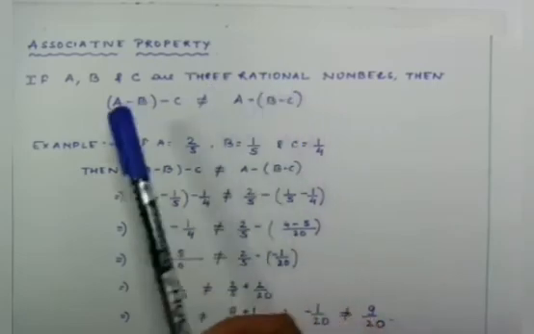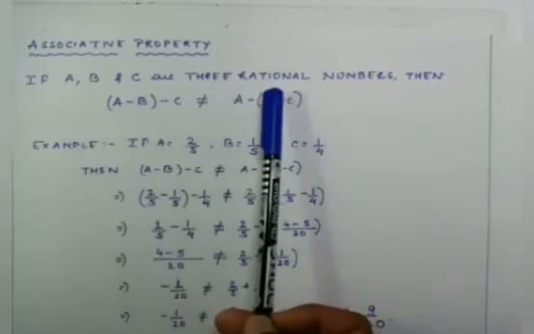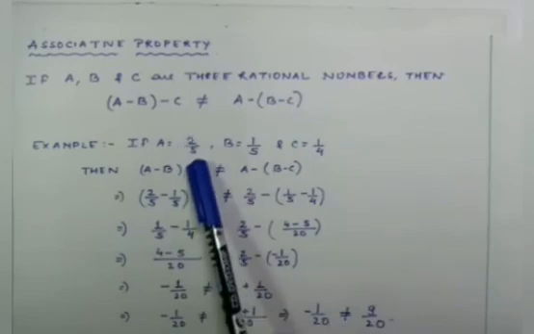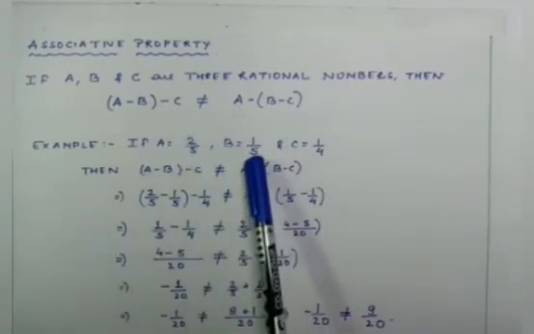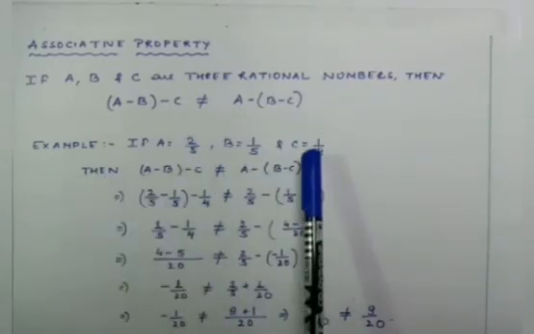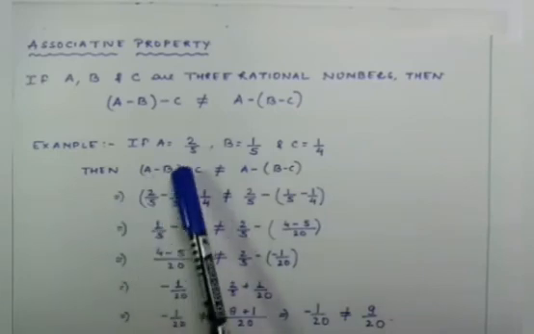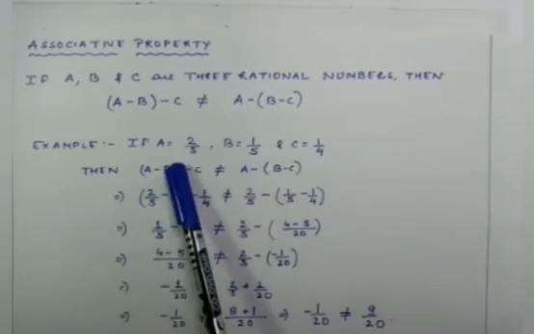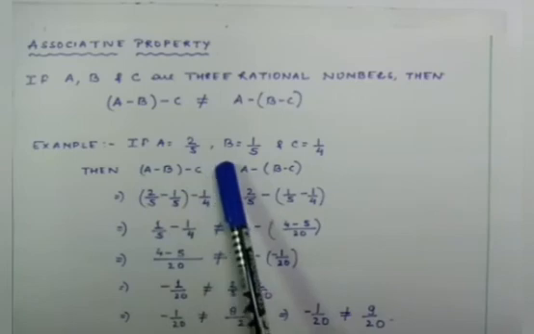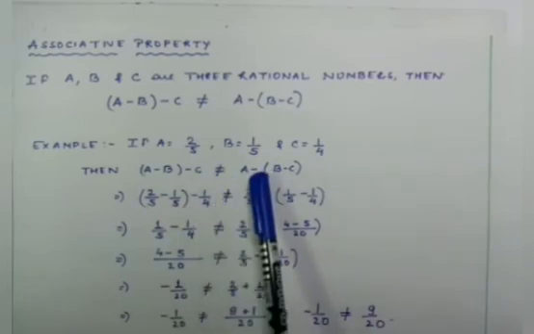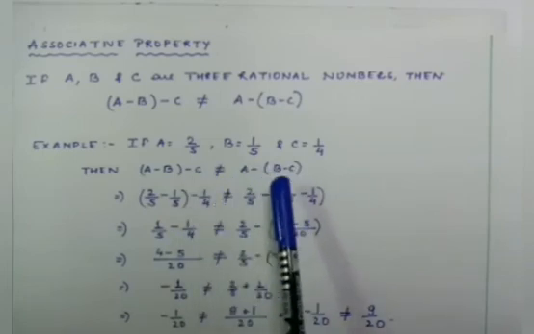Let us see with the help of an example. If a is equal to 2 upon 5, b is equal to 1 upon 5 and c is equal to 1 upon 4, then according to the property (a minus b) minus c is not equal to a minus (b minus c).